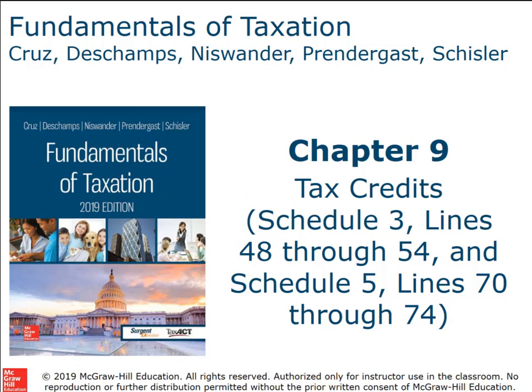So we always use non-refundable credits first to reduce our tax liability, and then we apply refundable tax credits because they could make our tax liability not just zero but negative, meaning you're going to get a refund. All right, and we actually have some that are both. That part of it is one way and part of it is another.